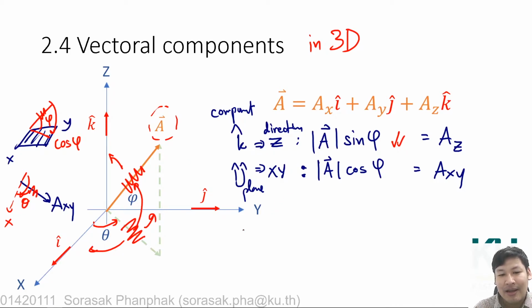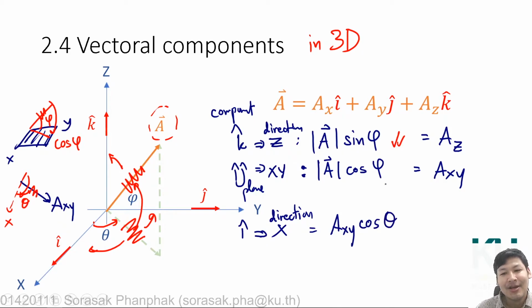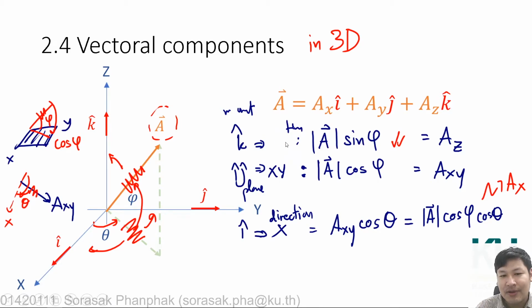So now you get in the I direction, the direction of X, AXY cos theta, where AXY is the absolute value of A cos psi, and cos theta, and this is your AX. I will rewrite this again, sorry for the mistake.